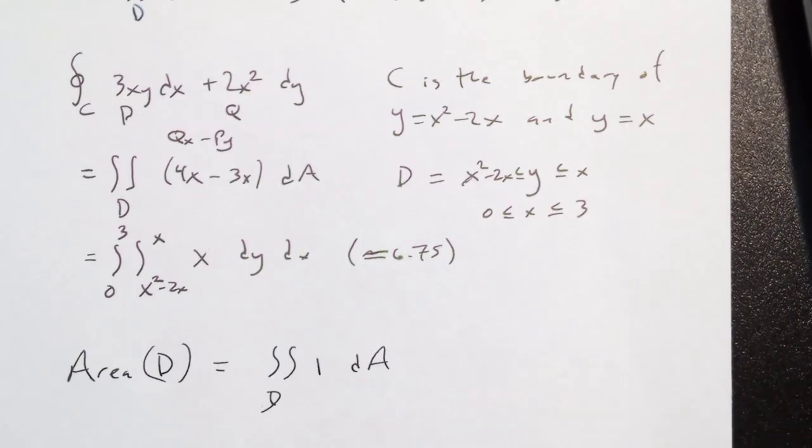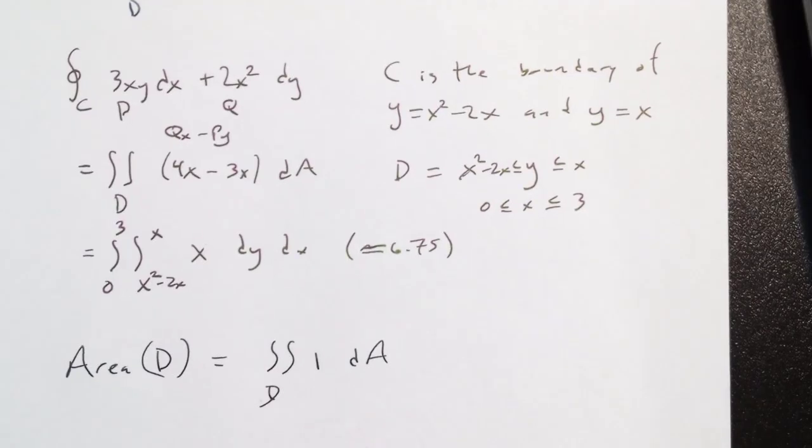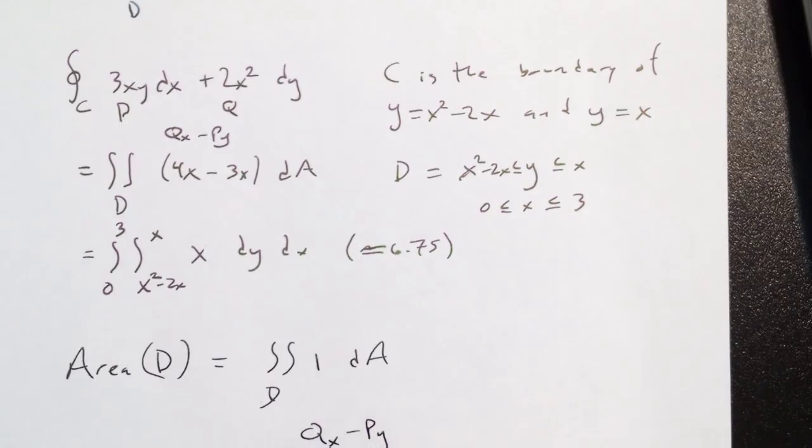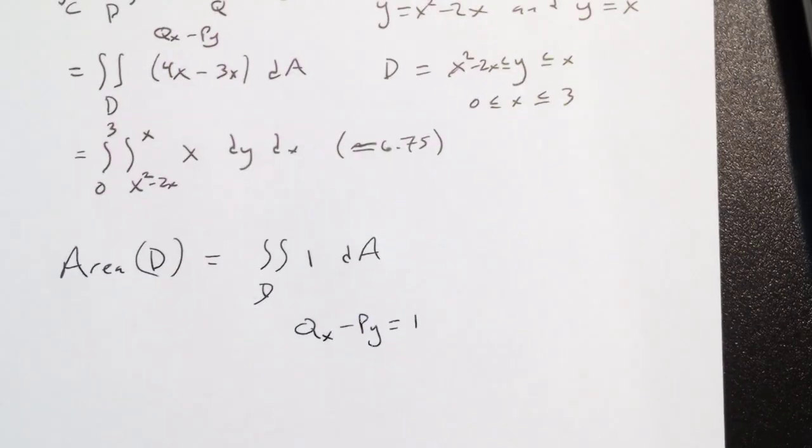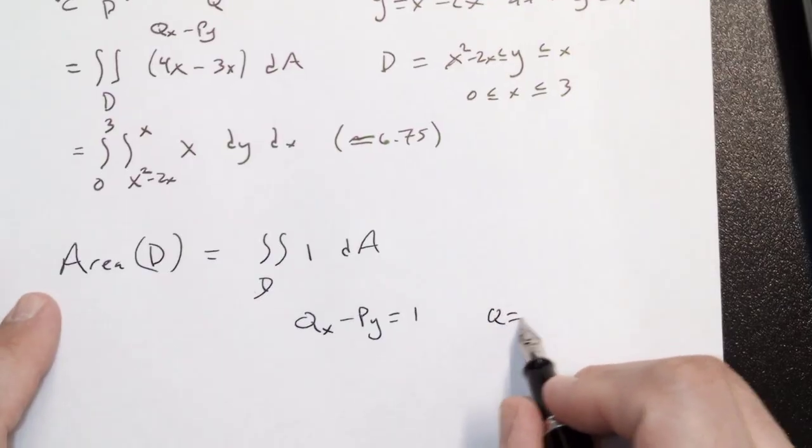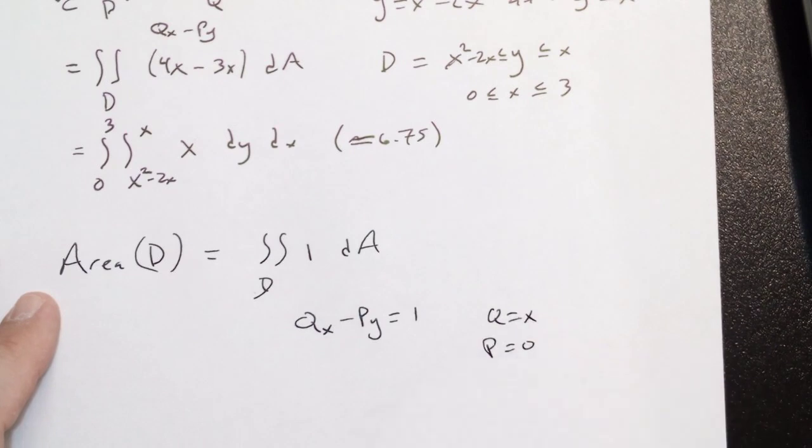But according to Green's theorem, if D is a nice, simple, quote unquote, region, then I can switch between the inside and the edge. I could turn this into a line integral as long as Qx minus Py is equal to 1. Well, how could I make Qx minus Py equal to 1? I could say, oh, well, we'll just let Q equal x and P equal 0.